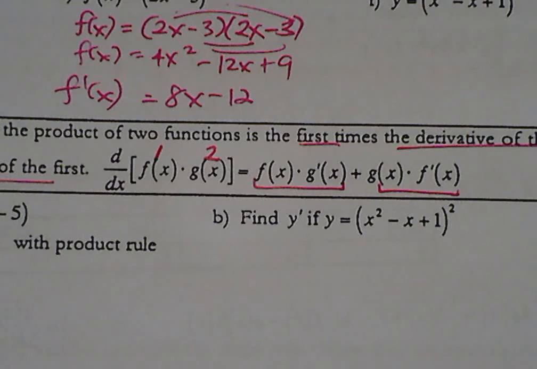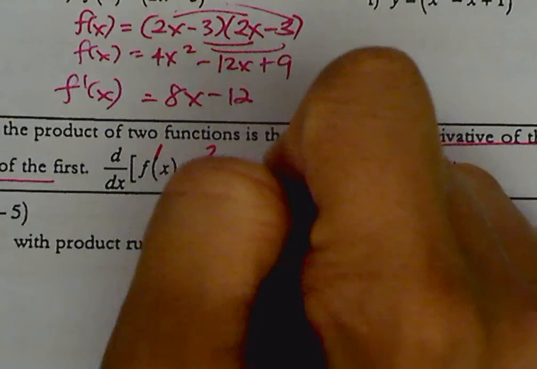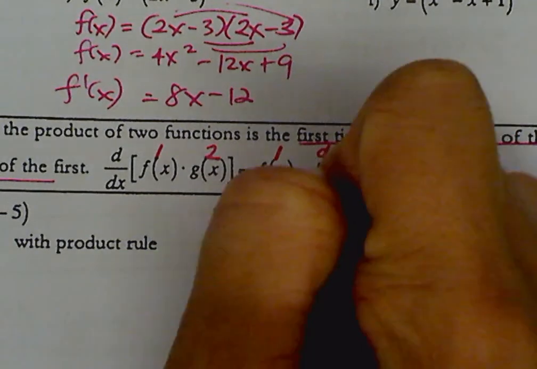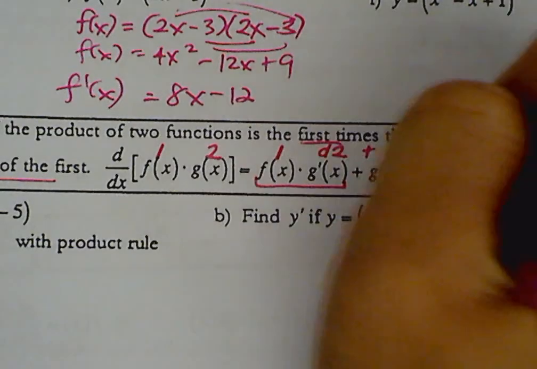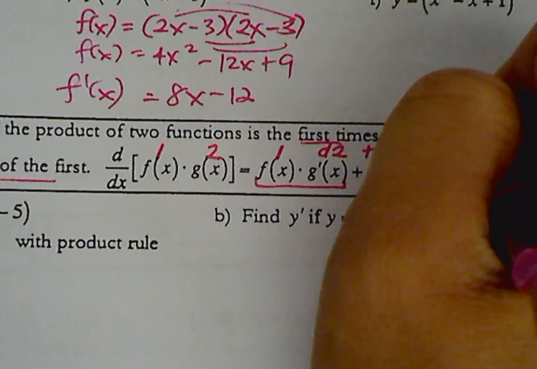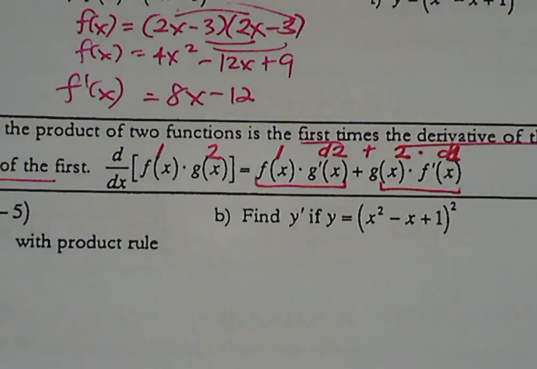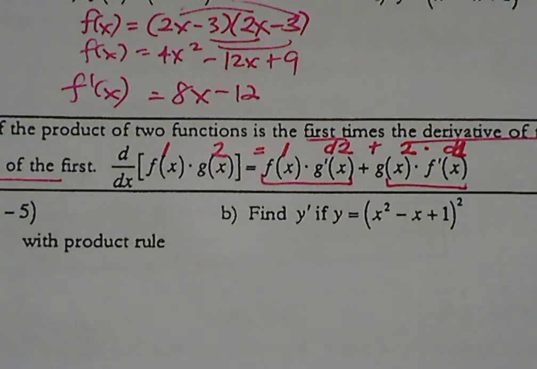I'm just saying if that's the first function and the second function, then the derivative is 1 times the derivative of the second one plus the second one times the derivative of the first one. It makes perfect sense. The product rule is so much fun. It's 1d2 plus 2d1. Get it?